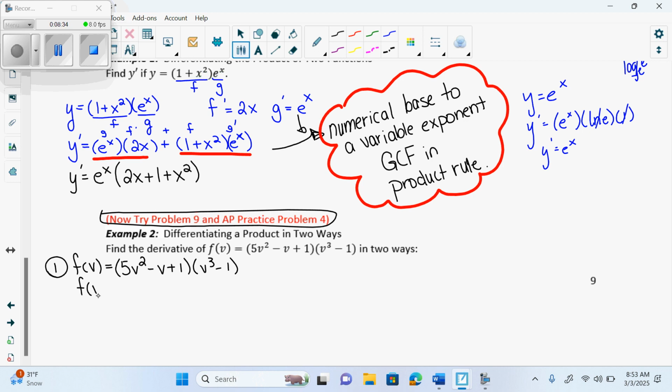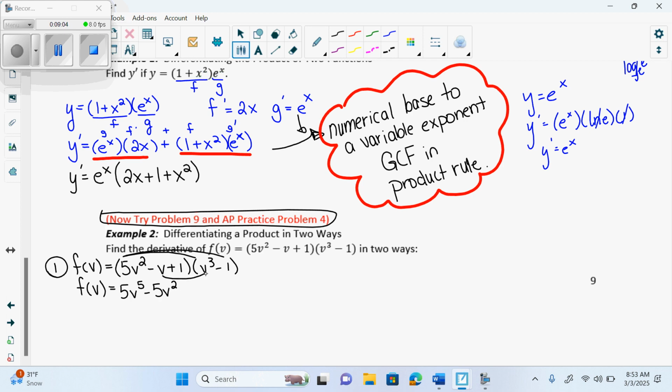So I'm going to expand it. Now, guys, if I expand it and then collect like terms, have I done the derivative or anything yet? No. So I still have f of v. Some people will go f prime of v and expand it. You haven't done a derivative at all. You've just expanded it. So we're going to get 5v to the 5. And then 5v squared minus 1 is minus 5v squared.